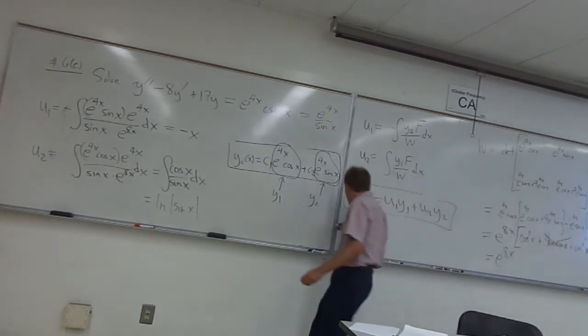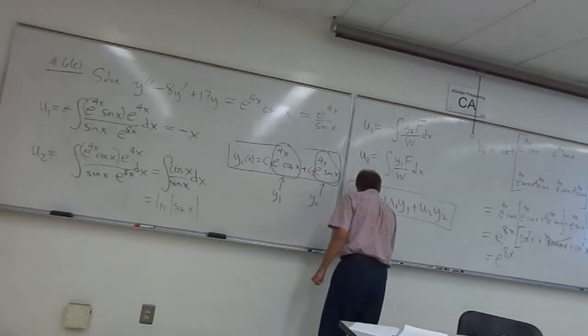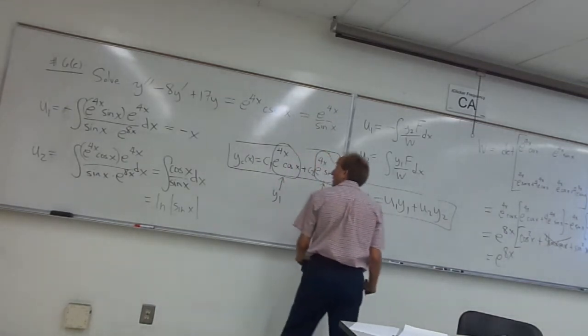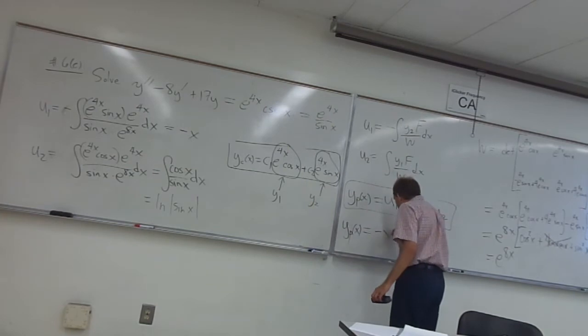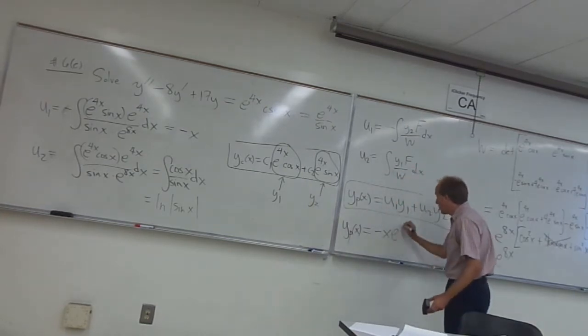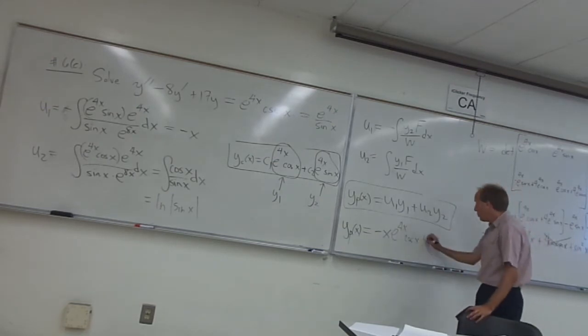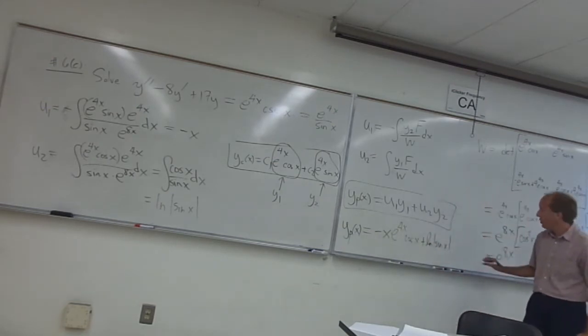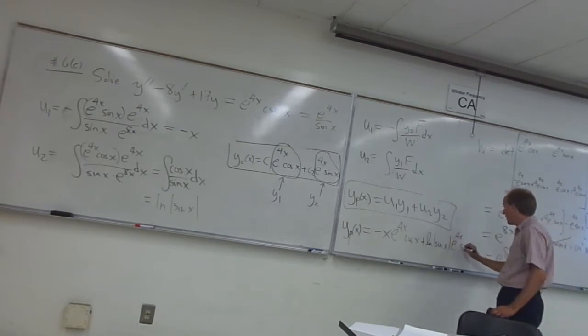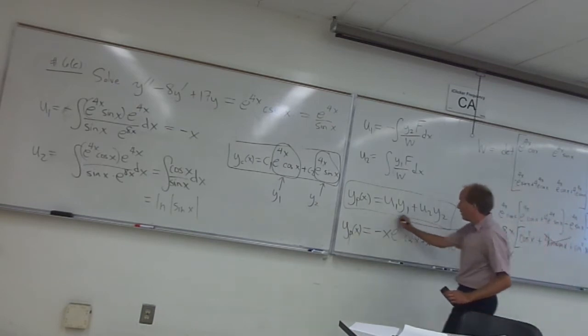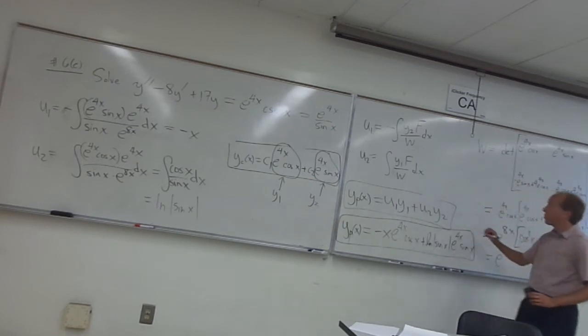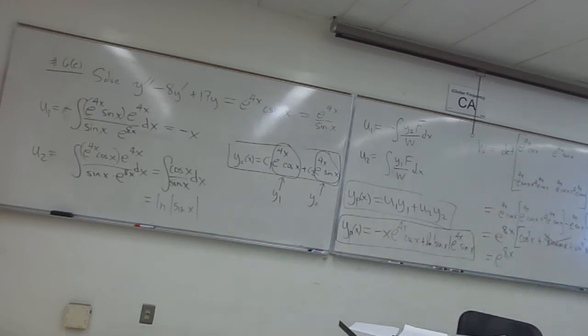So then our particular solution, y sub p of x, is u1, which is negative x, times y1, which was e to the 4x cosine of x, plus u2, which is ln of absolute sine x, times y2, which is e to the 4x sine x. Make sure you write that down. Okay. Look at that.